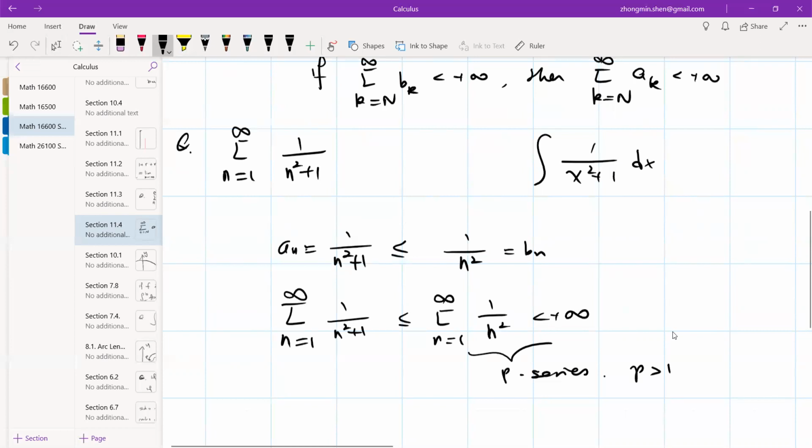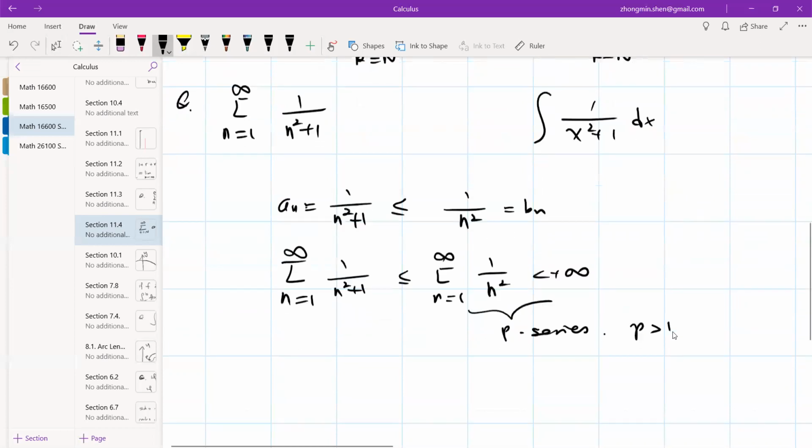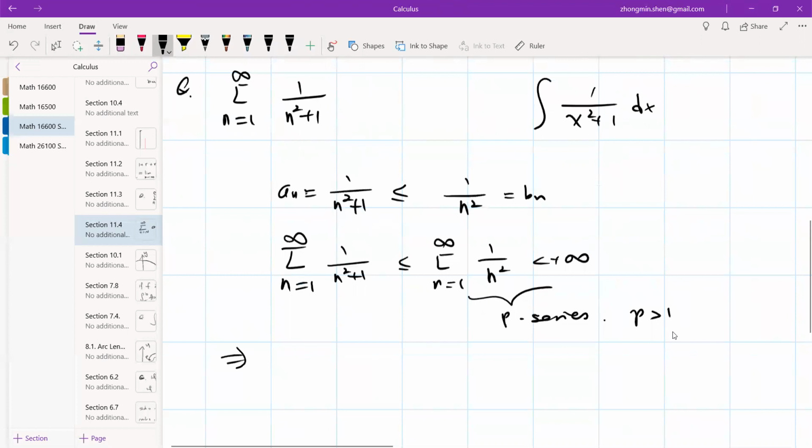You can show that this P-series is convergent, and then you can use that to check a much more complicated series. So this implies the one on the right-hand side has a finite limit, because it is bounded by some finite number. Of course, this implies the series is convergent.